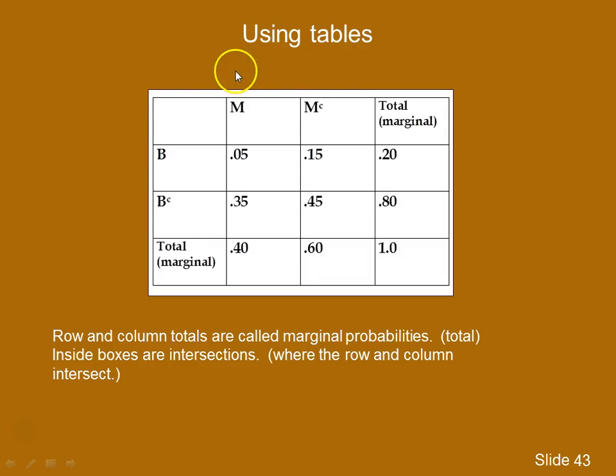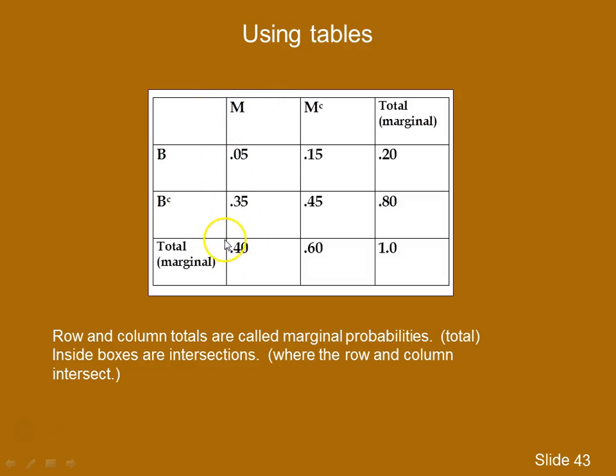The problem told us that 20% of the people were blonde, so we're going to put that 20% out here on the end of the table. We'll call that total probability, or it's also going to be called a marginal probability. Non-blondes were 80%, or 0.8. The males go in this column. We were given 40% were males.